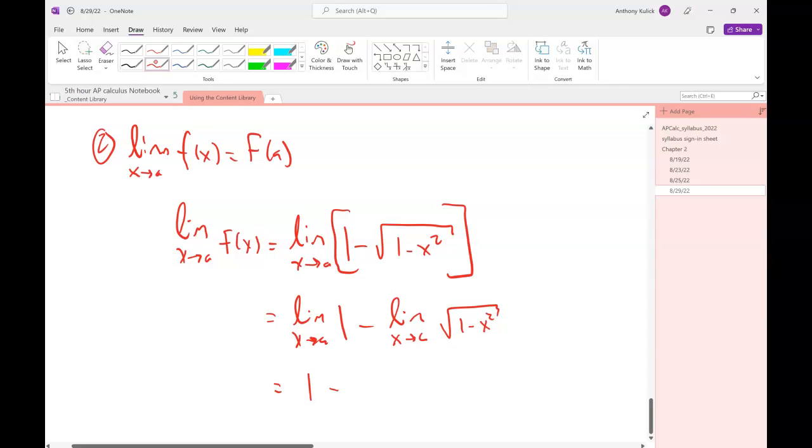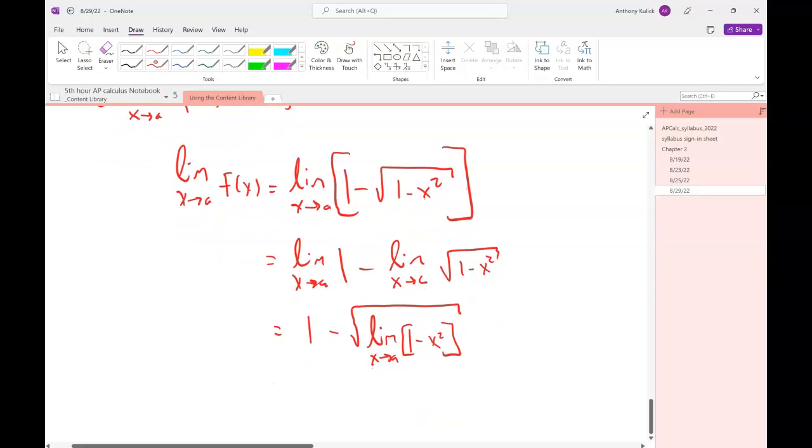And with that second piece, I know that the limit of a composition is the composition of the limits. So I can pull that limit underneath the square root. Everybody's good there? And then I can distribute again.